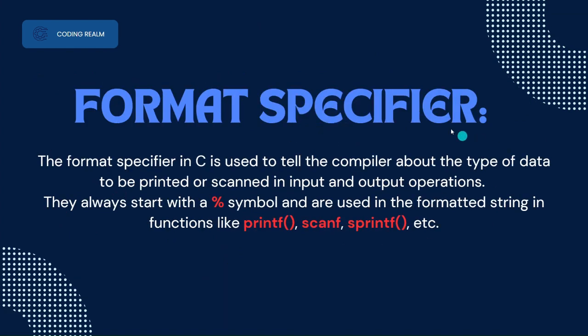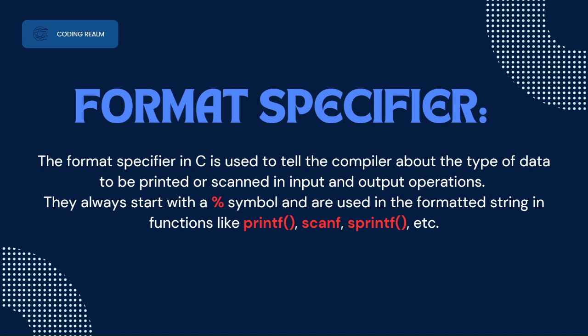Now let's talk about the most important thing, the format specifier. It's very important in the C program. The format specifier in C is used to tell the compiler about the type of the data to be printed or scanned in input and output operations. What does the type of the data mean?